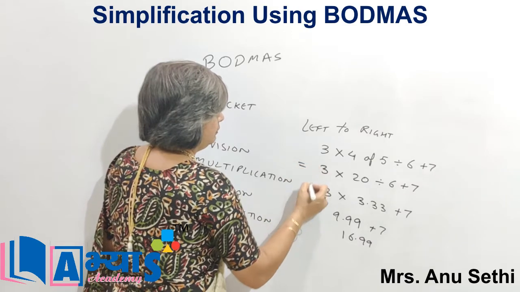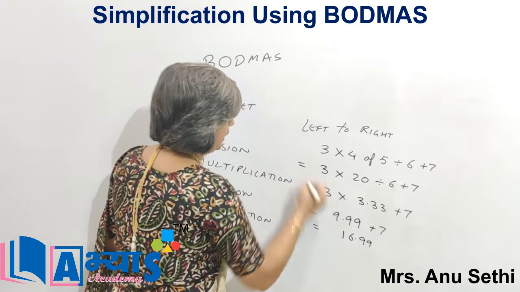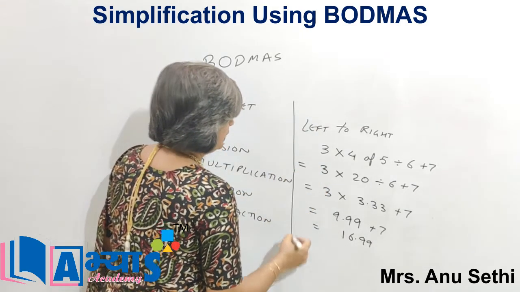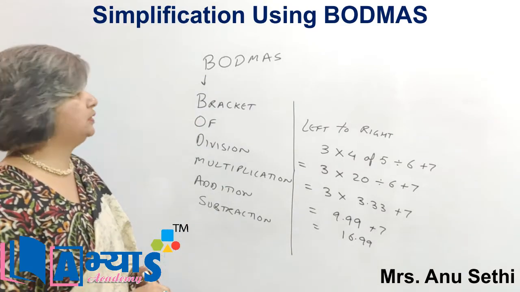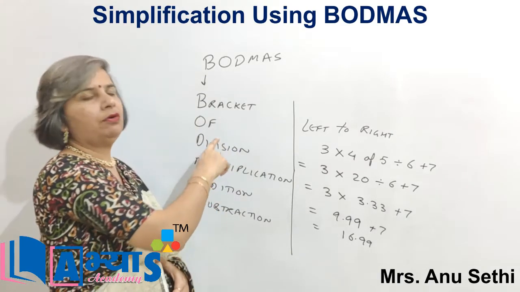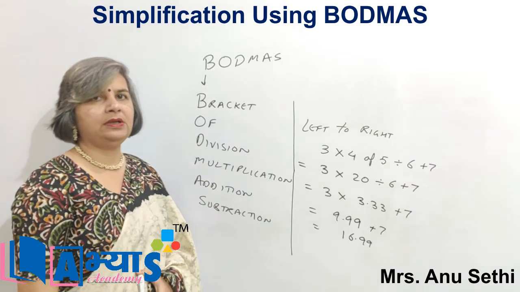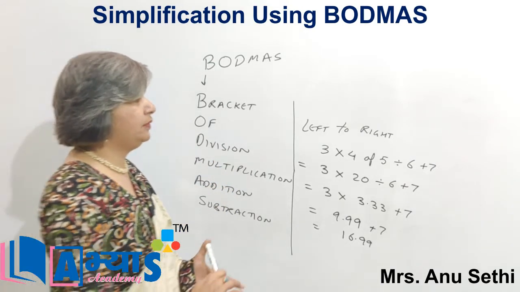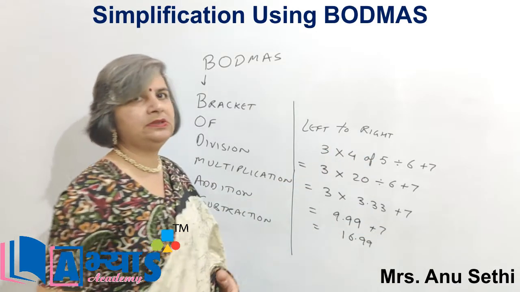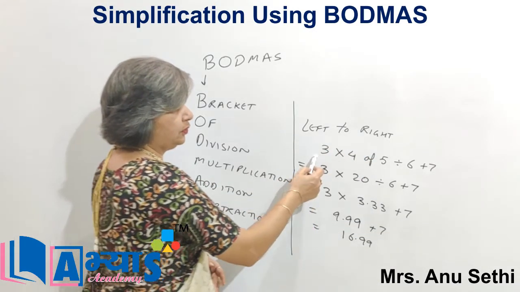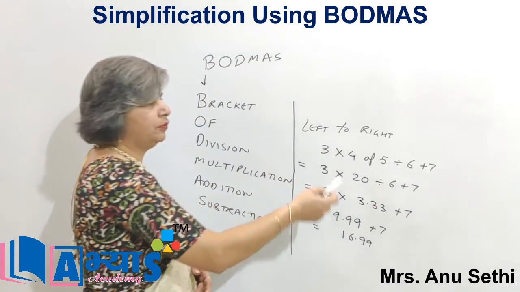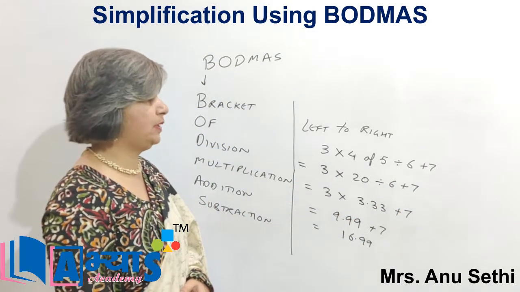So, whenever we have to solve an expression using BODMAS, we will follow the steps: first we solve the brackets, then of operator, then division, then multiplication, addition and subtraction, starting from left and going towards right. For example, we have to solve 3 into 4 of 5 divided by 6 plus 7.